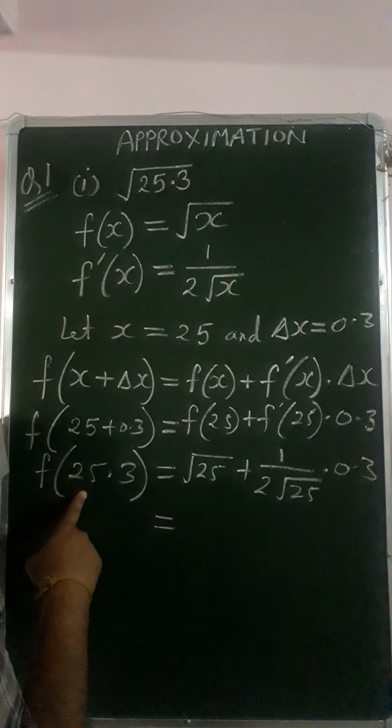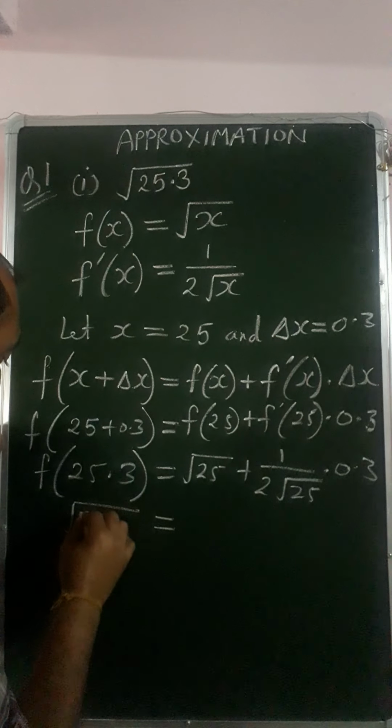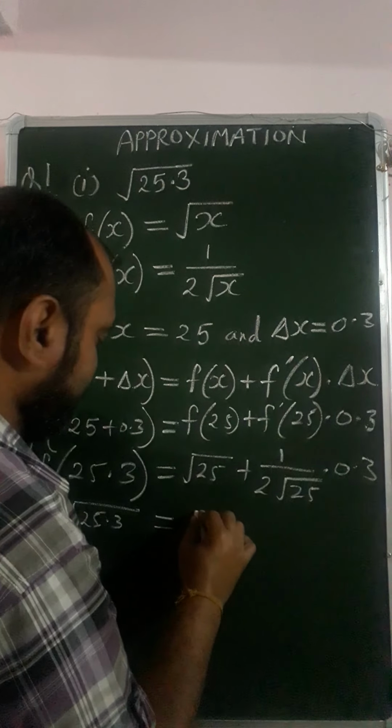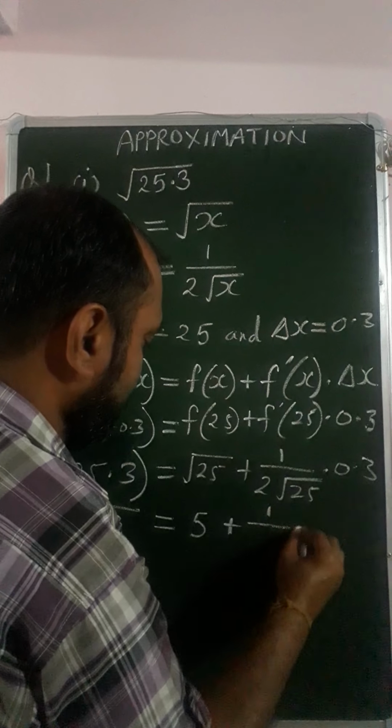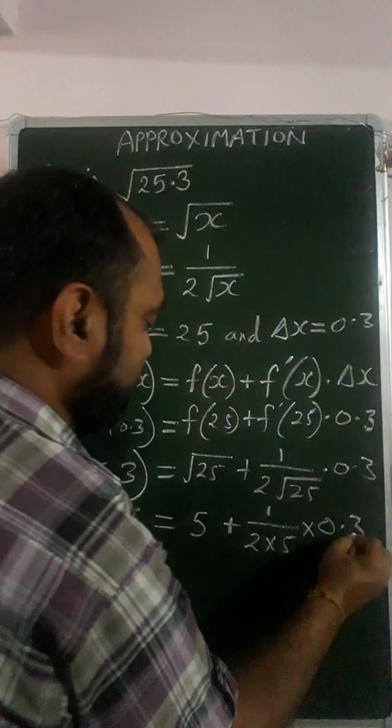Now what is this f of 25.3? That is under root 25.3. Its value is 5 plus 1 over 2 into 5 into 0.3.